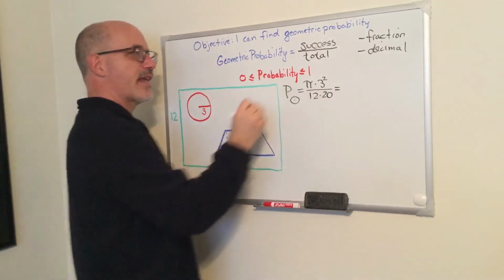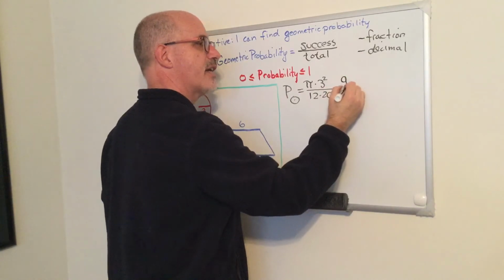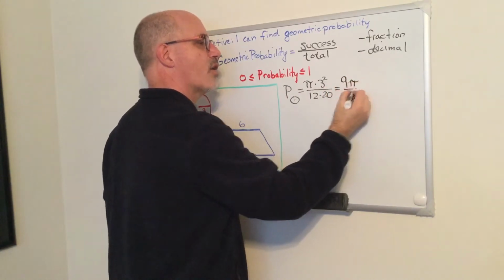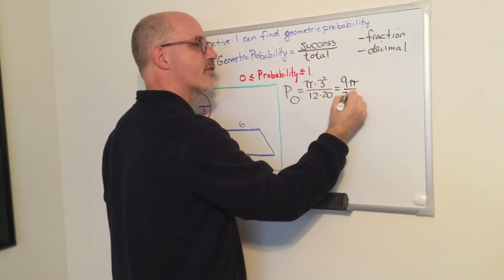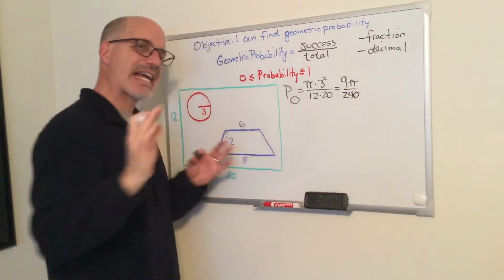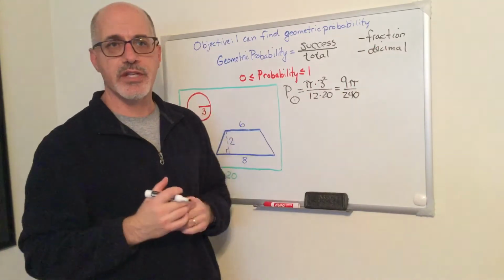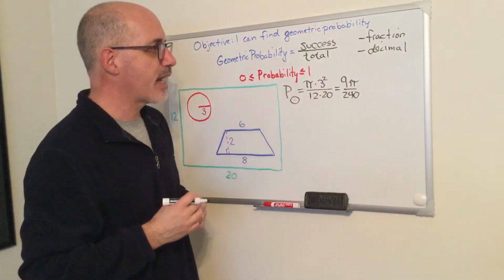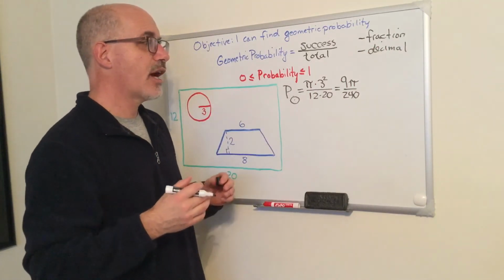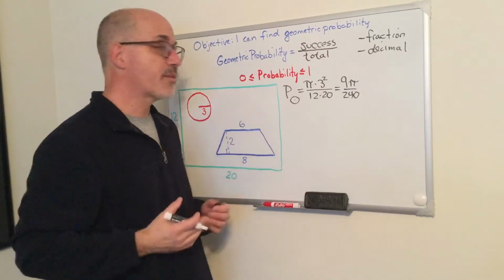Now when we multiply that out, 3 squared gives us 9, so we have 9 pi over 12 times 20, which is 240. That's the exact answer in terms of a fraction, and you should reduce it if you can. In this case, we could reduce it by a 3.